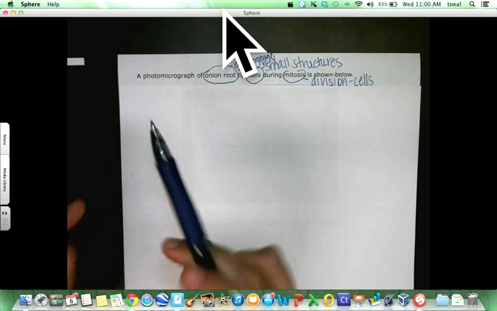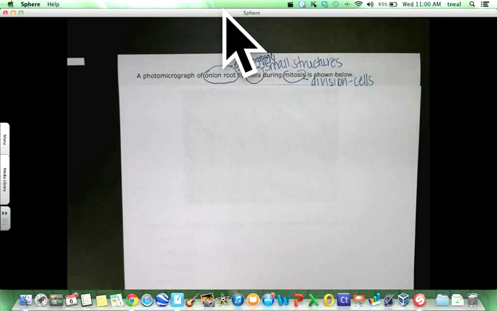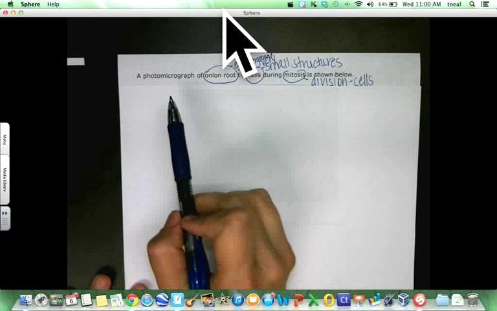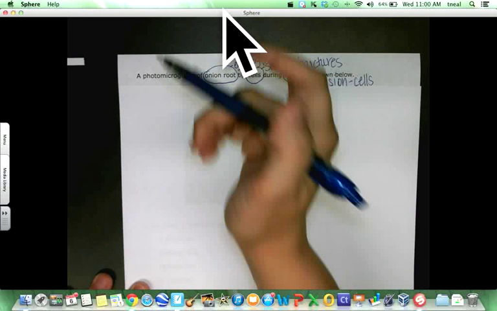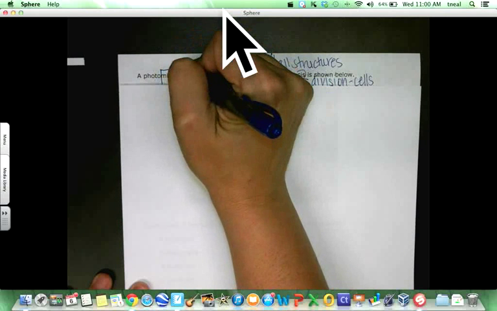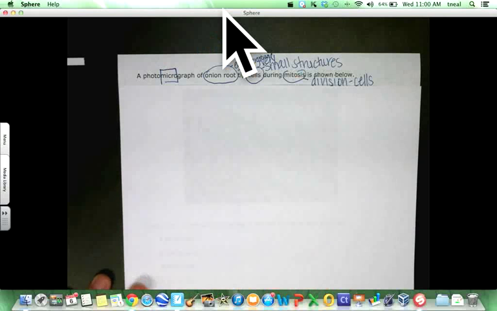On the biology EOC, you're going to see words and you're going to see pictures that you've never seen before. The one thing you need to do is not get nervous or anxious. Break it down, go step by step, like this right here. Photomicrograph. I don't know what that word means, but I do know what micro means. And the only reason I know what micro means is because I've used microscopes in class.